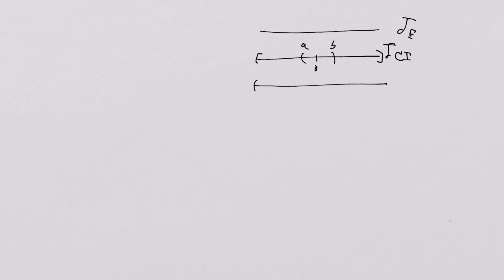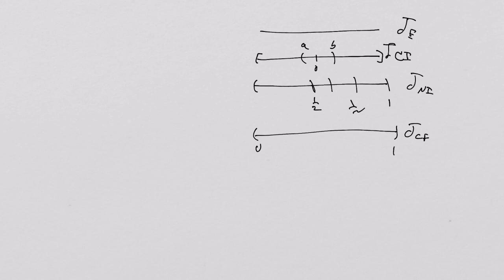We had that one, which went like this, where we had these things here at 1 over n. That was T nested interval. Then we had, which one did we just do? We just did the cofinite. T was the cofinite topology, and there's one other.